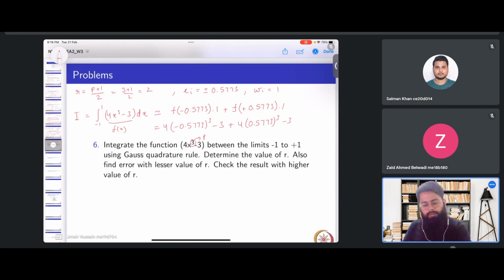That gives us minus 6. Okay, these two terms would cancel out, right? Just check if I made any mistake.